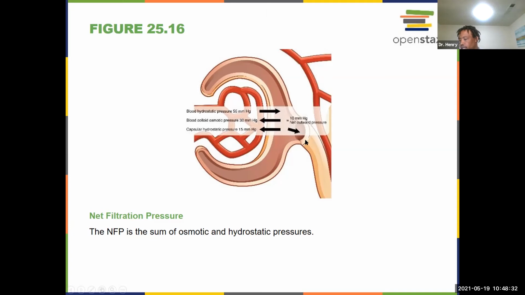And then we have the colloid osmotic pressure going in the other direction. And then we also have the capillary hydrostatic pressure going in. So we have two cases where we have the blood going in, and we have one case where the blood is going out. And so overall, you're going to get a balance that is occurring.